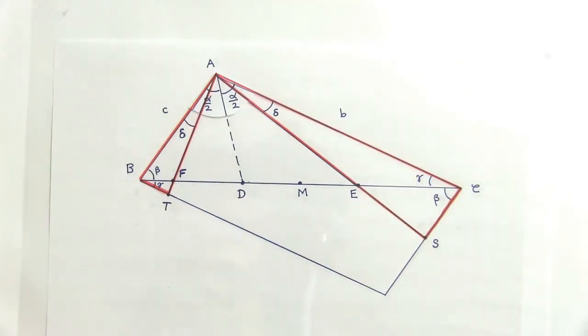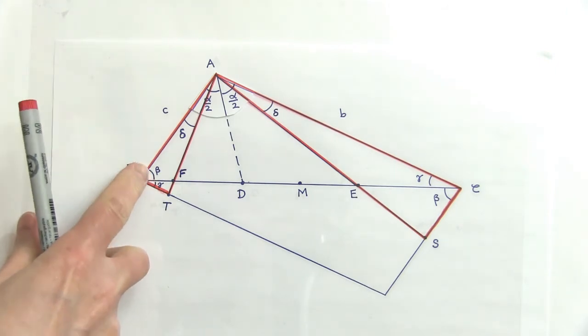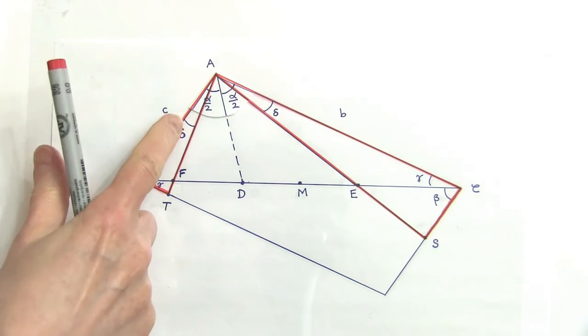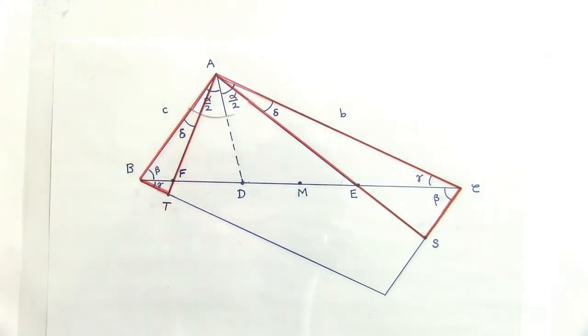my second pair of similar triangles looks like this. And I know these are similar because they share three common angles. I have beta plus gamma here and beta plus gamma here. And I have delta here and delta here.